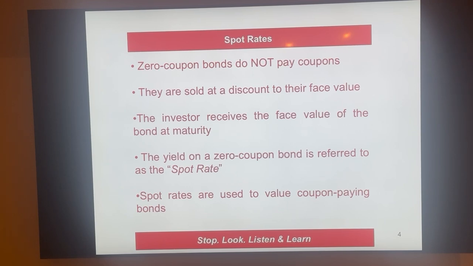Sometimes you'll also see it referred to as the zero rate, and that's because it is relating to a zero coupon bond. So if you were to buy a 10-year zero coupon bond and the yield on that zero coupon bond was 6%, then what we would say is that the 10-year spot rate is 6%. And then spot rates are used to value coupon paying bonds, and we'll see an example later on.